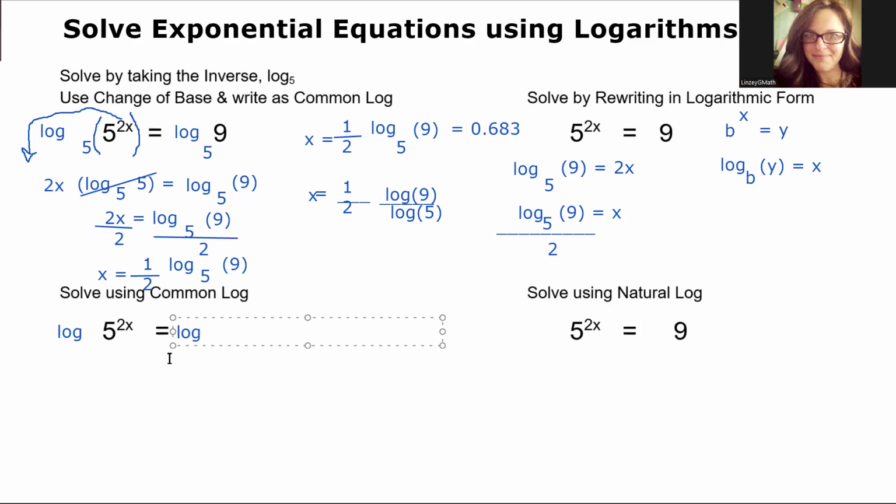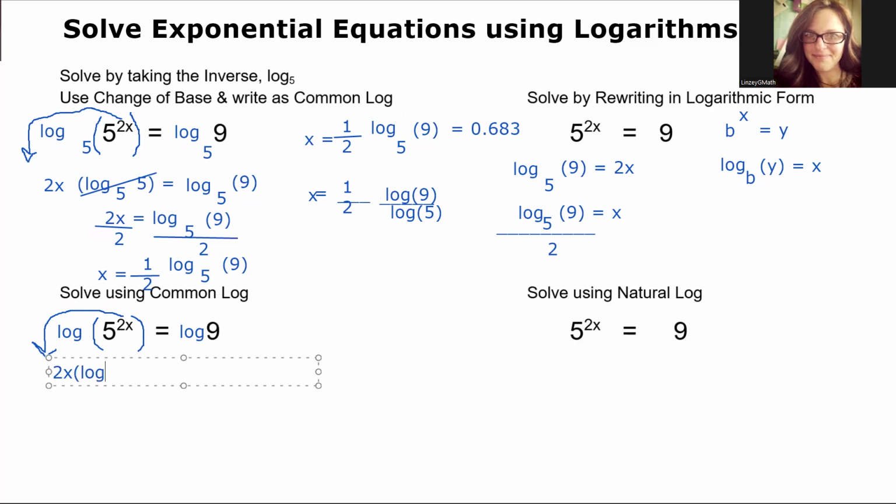I'm going to take common log of both sides, and let me put this in parentheses so we can see taking the exponent using our power property of logarithms as the coefficient of common log of 5 equals common log of 9.